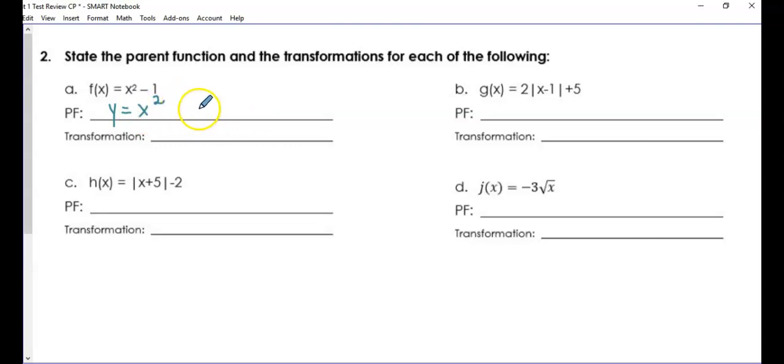Sorry. So kind of the expanded version of that is the x minus h squared plus k. So this minus 1 is the plus k. So the transformation is that it's down 1.